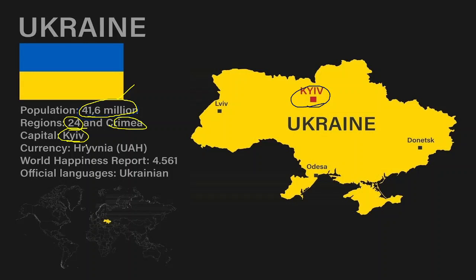The capital is Kyiv. The currency is the hryvnia, in short UAH. The World Happiness Report rank was around 4561. The official language is Ukrainian.